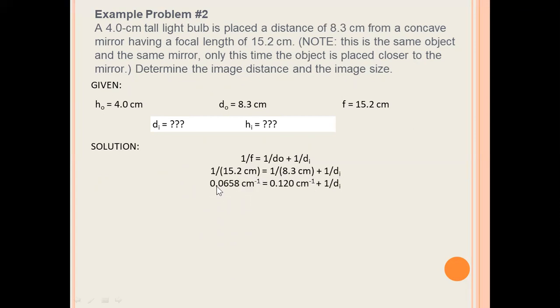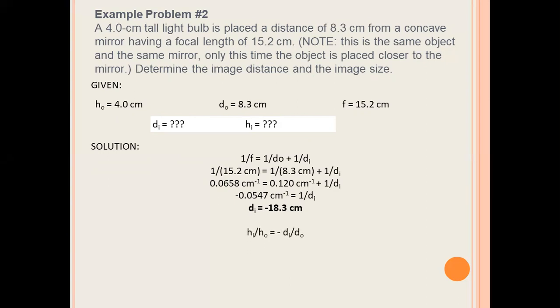Further simplifying, this gives us 0.0658 per centimeter equals 0.12 per centimeter plus 1/di. If we transpose 0.12 to the other side of the equation, this becomes 0.0658 per centimeter minus 0.12 per centimeter, or negative 0.0547 per centimeter, equated to 1 over the distance of the image. Solving now for the distance of the image gives us negative 18.3 centimeters.